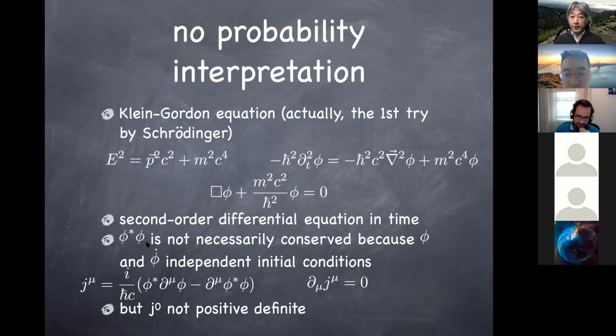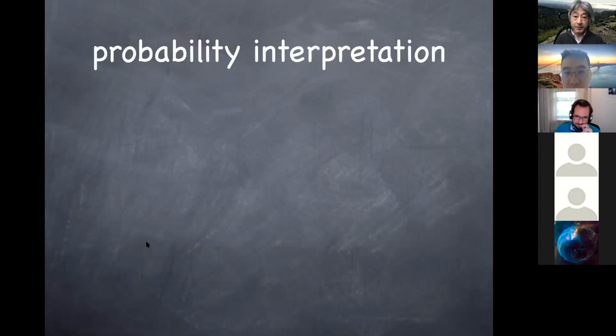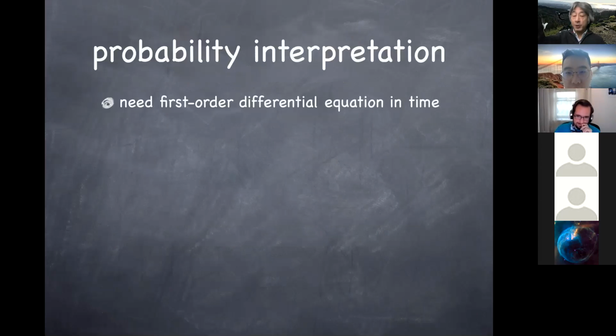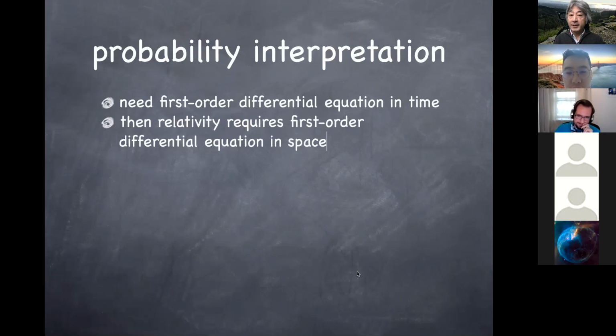Any questions about this motivation? Okay, I believe that's clear. So he wanted to come up with a wave equation which is first order in time. And clearly, to make sure that it's relativistic, if the differential equation is first order in time, you need to treat space and time on an equal footing.